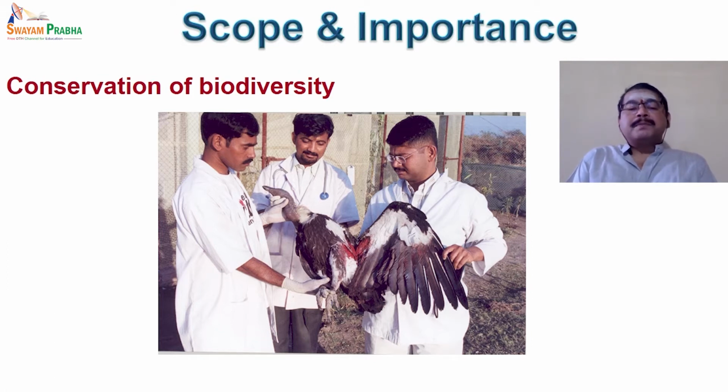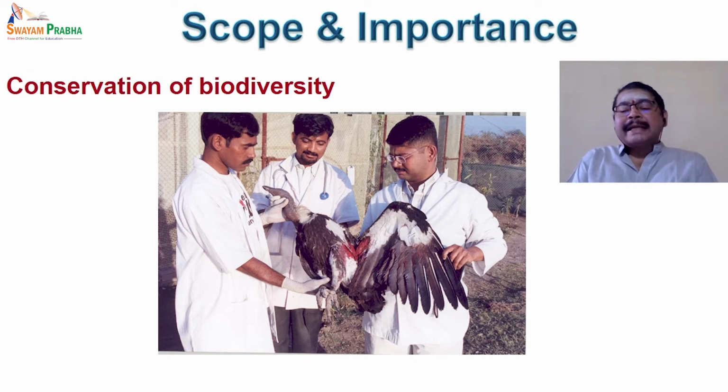Just look at this picture, you could find a bird. The bird's name is Indian white-backed vulture. It has suffered a kite injury and its wing is injured. The manja threads used for kite flying have razored this wing and created a problem for this bird. The bird is bleeding.